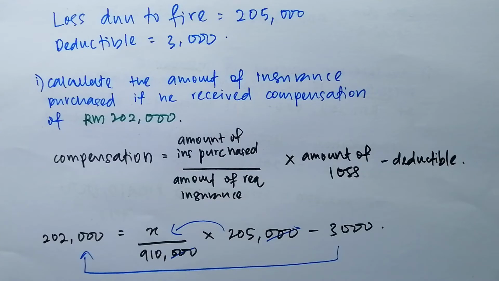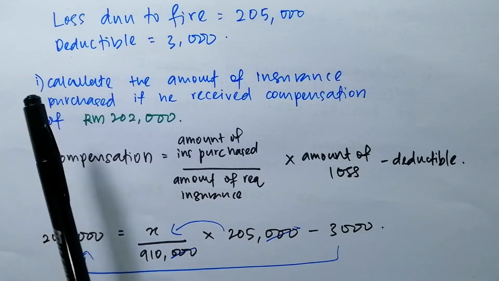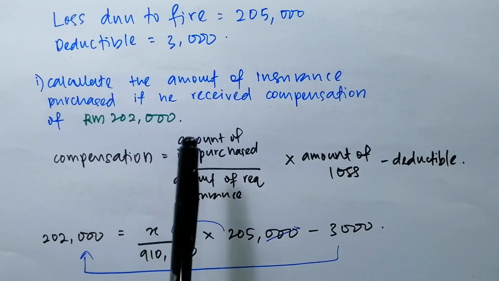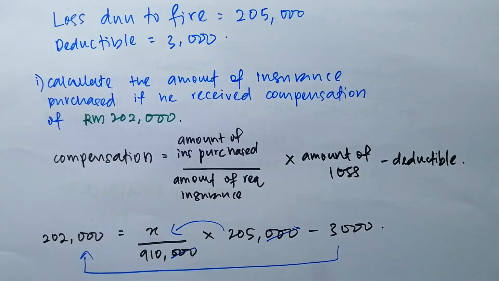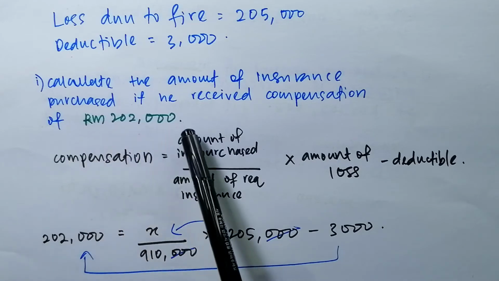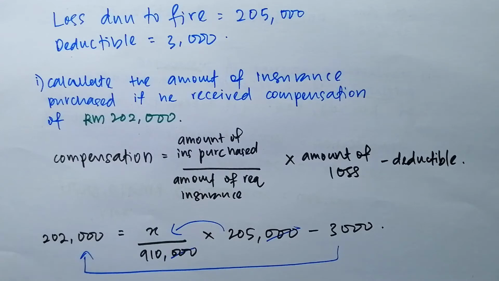Now let's look at question part B1. Calculate the amount of insurance purchased if he received compensation of RM202,000. So basically we have the compensation, which is RM202,000, and we need to calculate the amount of insurance purchased by Mr. Geylang.